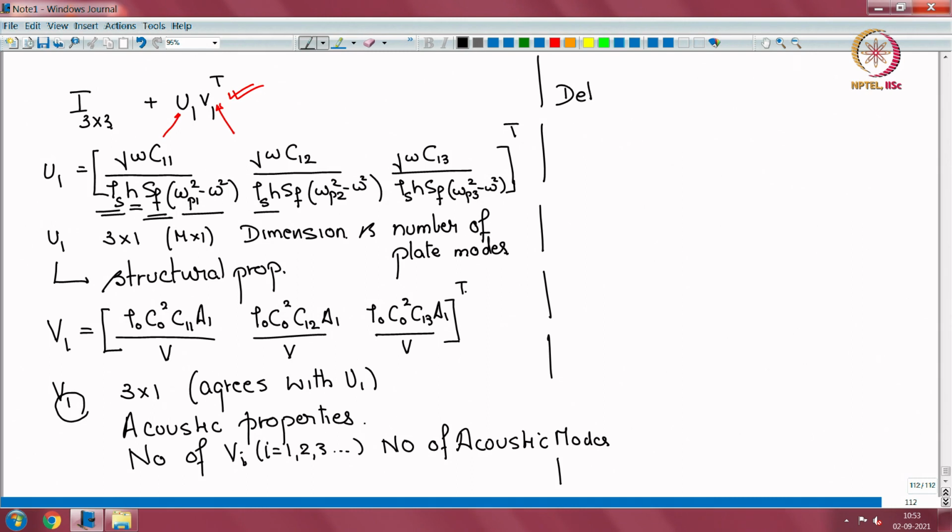Now even more interestingly, if we are looking at the determinant of this, so the determinant of I33, which is a 3 by 3 identity matrix. It looks like this: 1 0 0 0 1 0 0 0 1. That's I33.